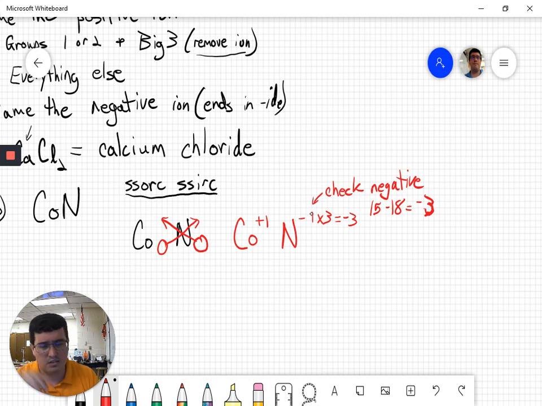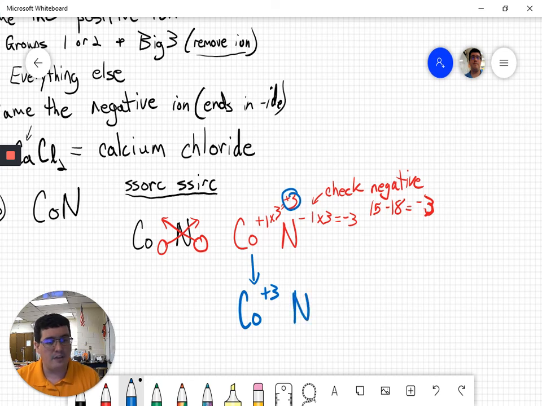If yours were happy, that's cool, but if not, you've got to remember anything you do to one side, you've got to do to the other side. So we're going to multiply that cobalt by 3, and we get +3 on that side. So I'm going to rewrite this one more time, boil this down into something simple. That cobalt is a Co with a +3, and the nitrogen is a -3.